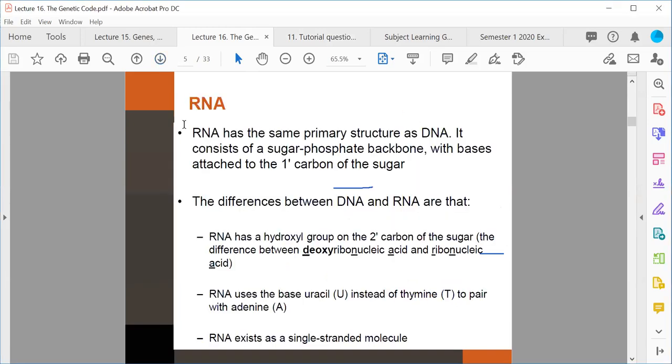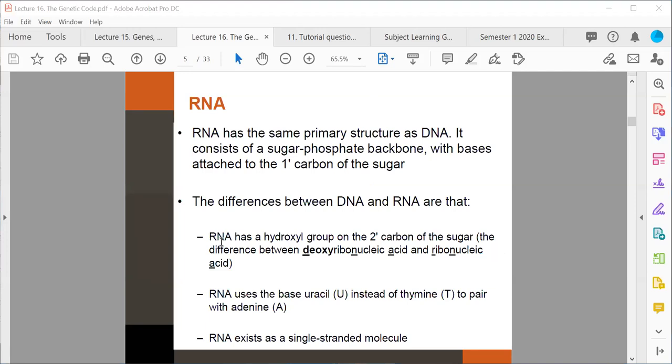All right, so let's do a little bit more revision. So RNA has the same basic structure as DNA, consists of a sugar phosphate backbone with bases attached to the sugar. But here are the major differences between DNA and RNA, which you're already familiar with. Let me just clear that.